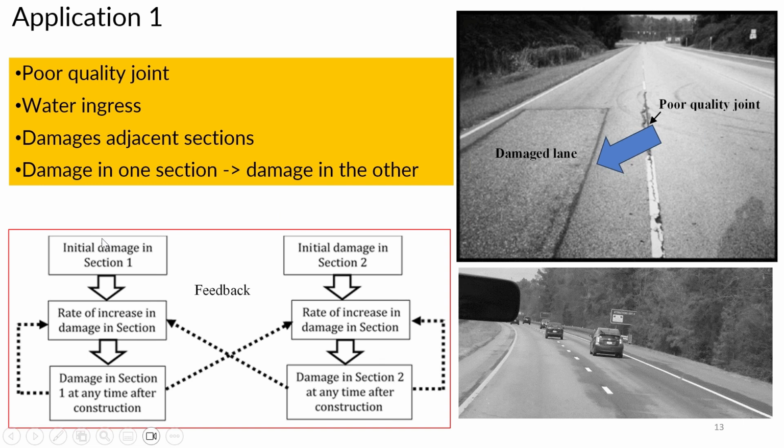Before we jump into the system dynamics modeling, we can see that there is initial damage in section 1 and a rate of increase in damage in section 1 at any time after construction, and there is a relationship between those parameters and the equivalent parameters for section 2. So here we are trying to relate the damages in these two sections, and the damage in one section is affected by the damage in the other section, but once section 2 is damaged, it starts affecting section 1 also. Okay, so how can we model this?